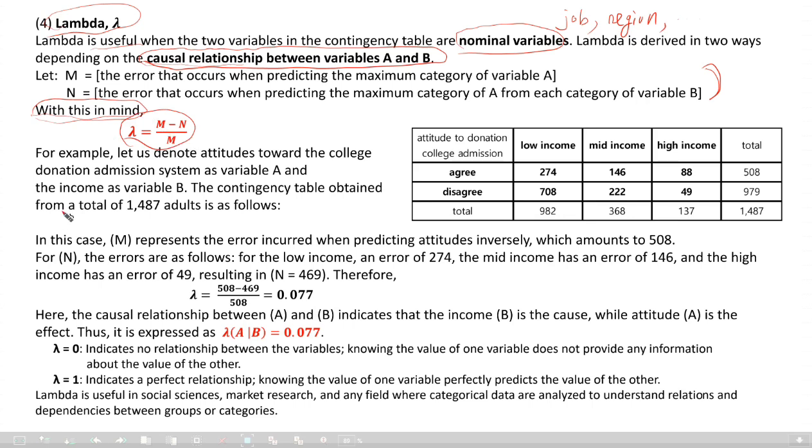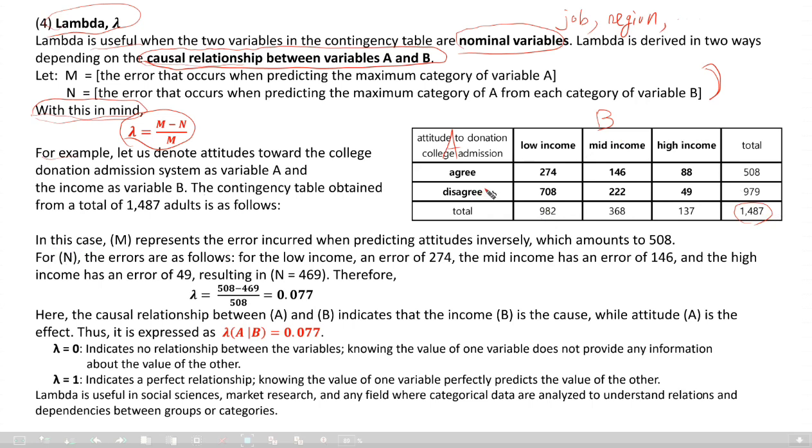For example, a simple example: let us denote attitude toward the college donation admission system as variable A, and income as variable B. So we have a contingency table like this, obtained from a total of 1,487 adults. We surveyed a sample of size 1,487 and obtained this kind of table.